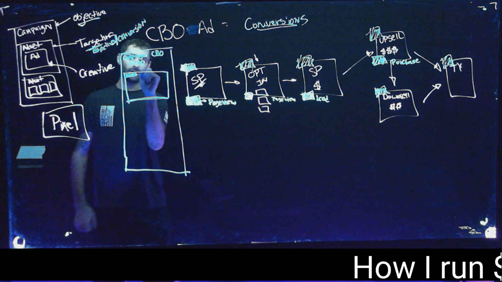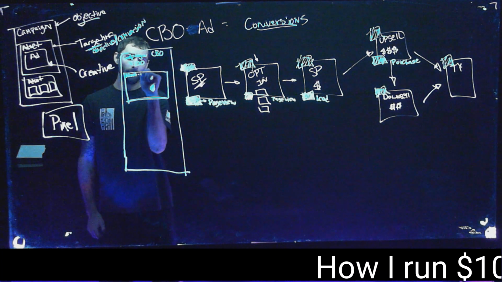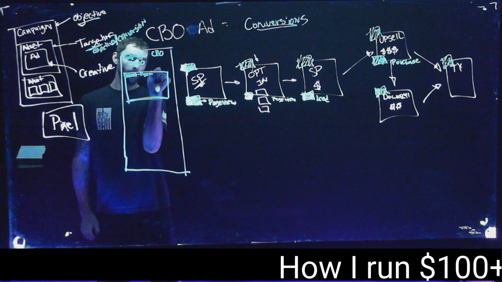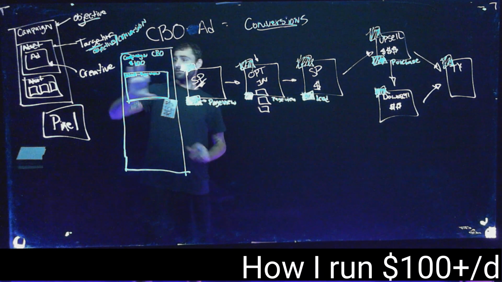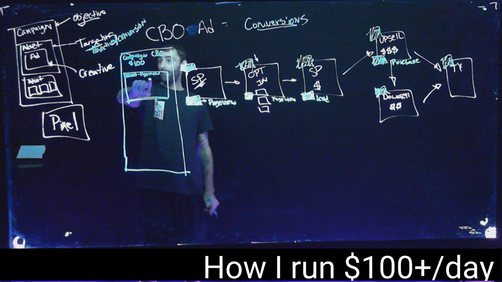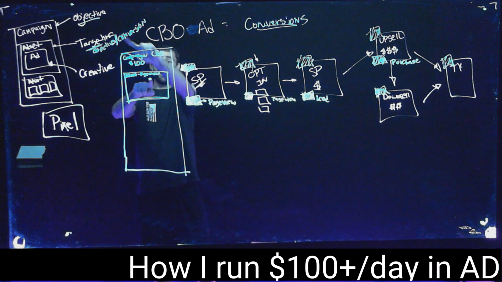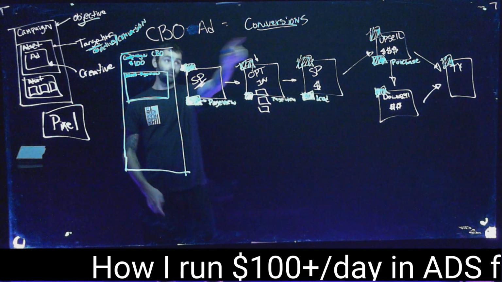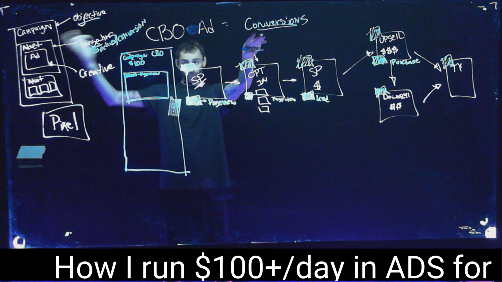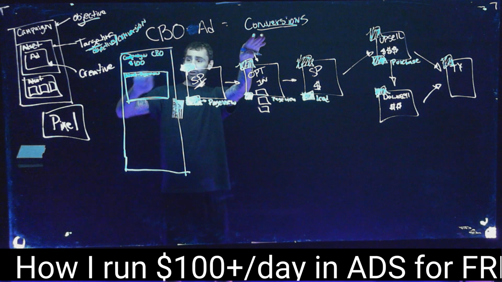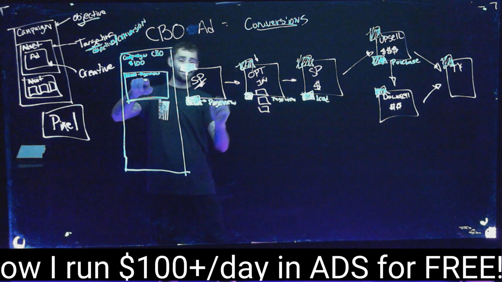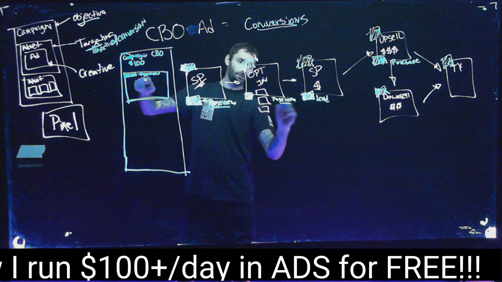So I'm going to come over here to this ad set, let's call it page view. And guess what? This is what I'm going to pick as my objective in this particular ad set. I'm going to pick a conversion because I'm running a campaign for conversions, and that conversion is going to be this page view right here.